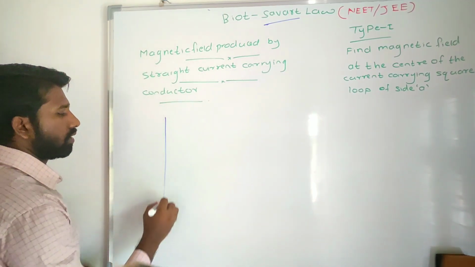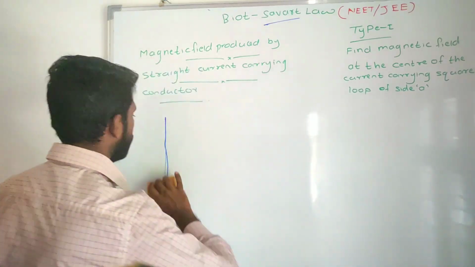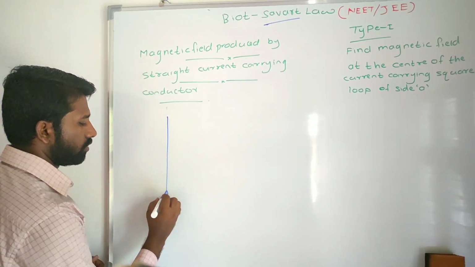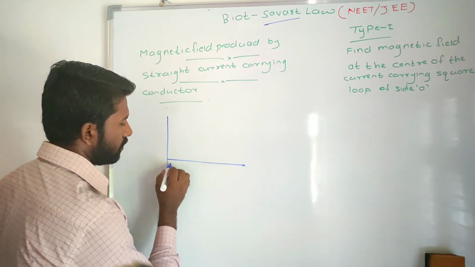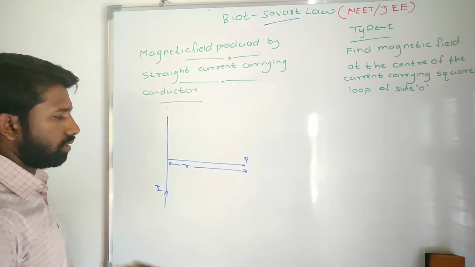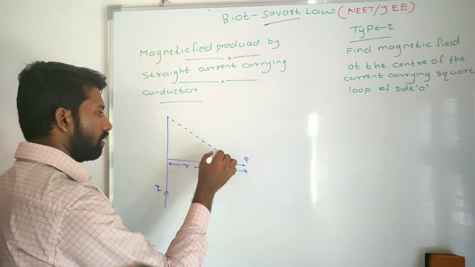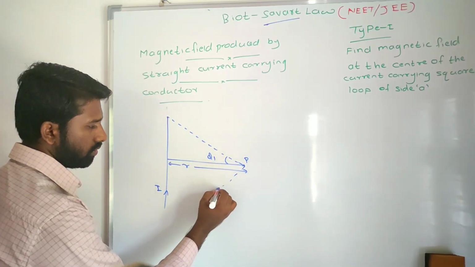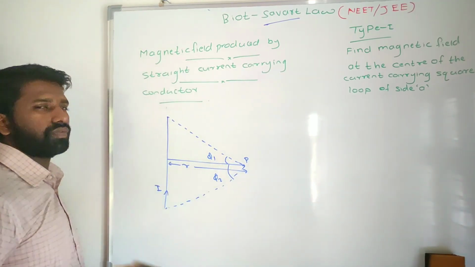So I consider the straight current carrying conductor. This is the straight current carrying conductor. The current is in this direction. There is a point P that is r distance from this current carrying conductor. This is a perpendicular distance. This point P makes an angle phi 1 with one end of the conductor, and an angle phi 2 with the other end of the conductor.